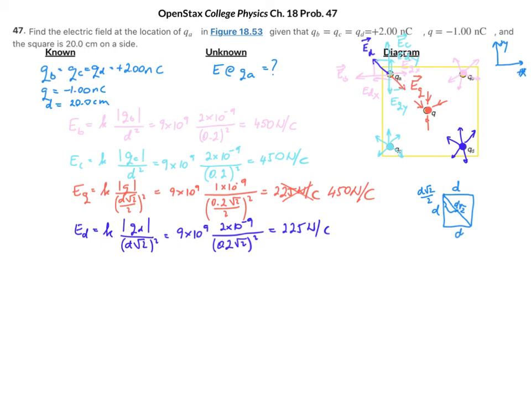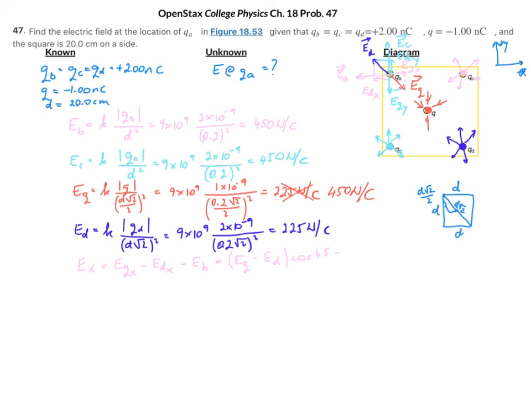So I can then say that the electric field in the x direction will be E Q x minus E D x minus E sub B. And since the angle is 45 degrees, then I have E Q minus E D cosine 45.